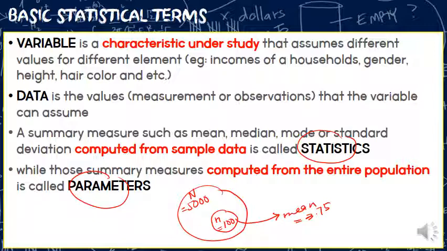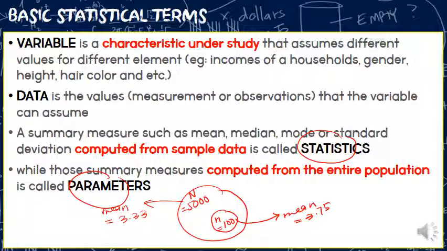Saya cari median daripada 100 orang tu, sampel tu. That is called statistics. But if I calculated my mean from semua 5,000 student, saya calculate mean purata daripada 5,000 orang student, saya dapat 3.33. So mean yang saya dapat ini kita namakan sebagai parameter.